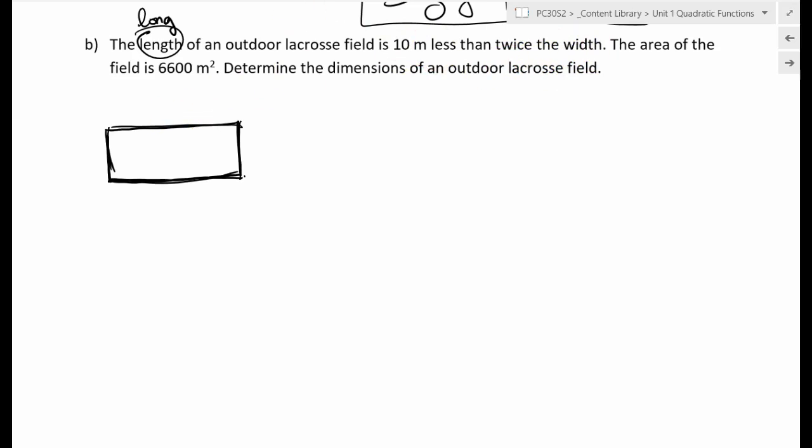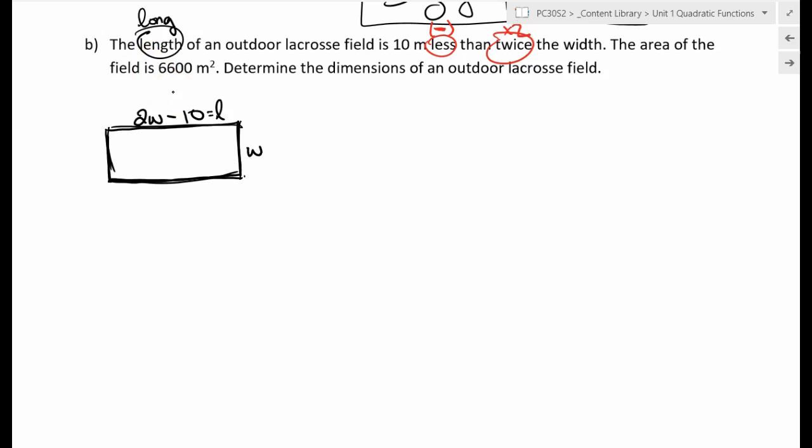So less tells me it's subtracting, okay, and twice means times 2. So I'm going to go 2 widths minus 10 versus the width, and that's going to be okay. The area of the field is given to us, so we've got a number.